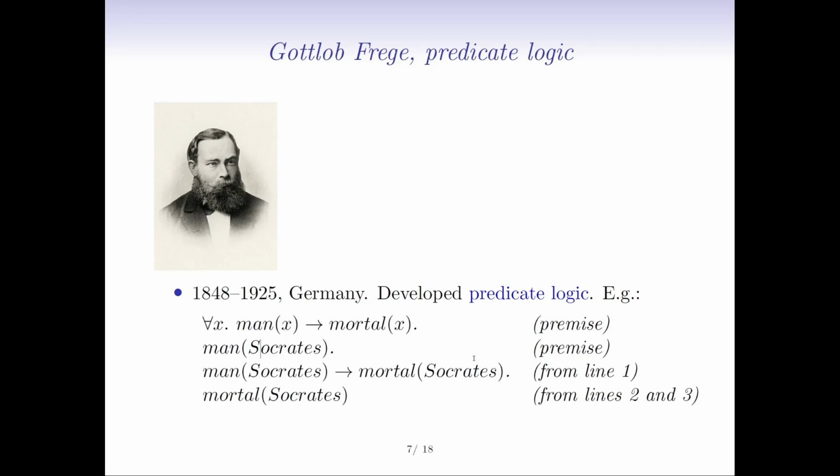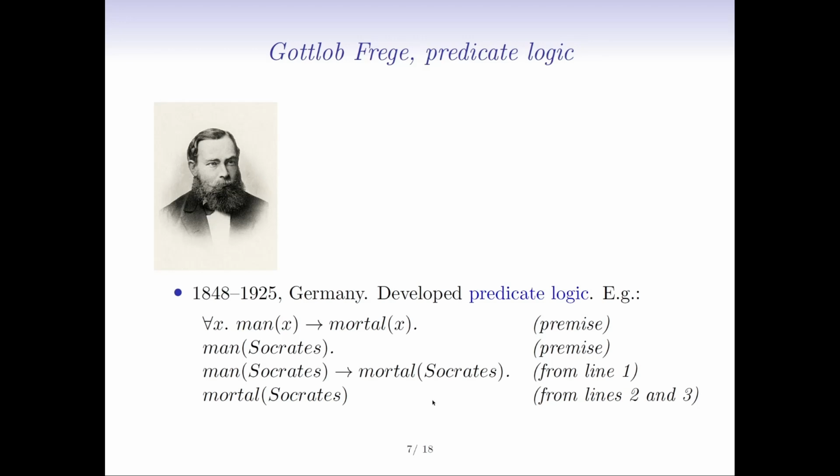So since we have man Socrates and if man Socrates then mortal Socrates, we must obtain mortal of Socrates. So this here is the conclusion of the original syllogism, that Socrates is mortal. And we have here an intermediate step where we've made an intermediate inference.